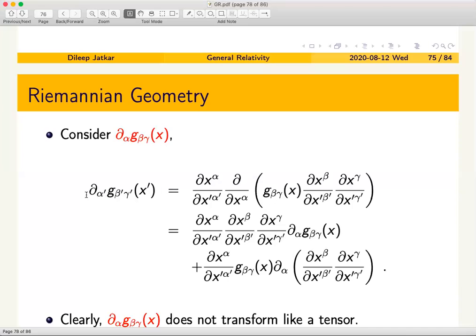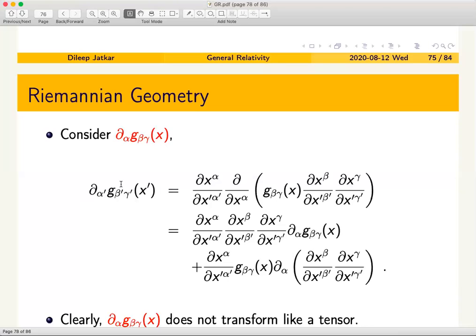So as far as the partial derivative of g is concerned, this transformation is inhomogeneous. And the fact that it is inhomogeneous implies that the partial derivative of g alpha beta does not transform like a tensor. So this is yet another place where we find a non-tensor quantity.